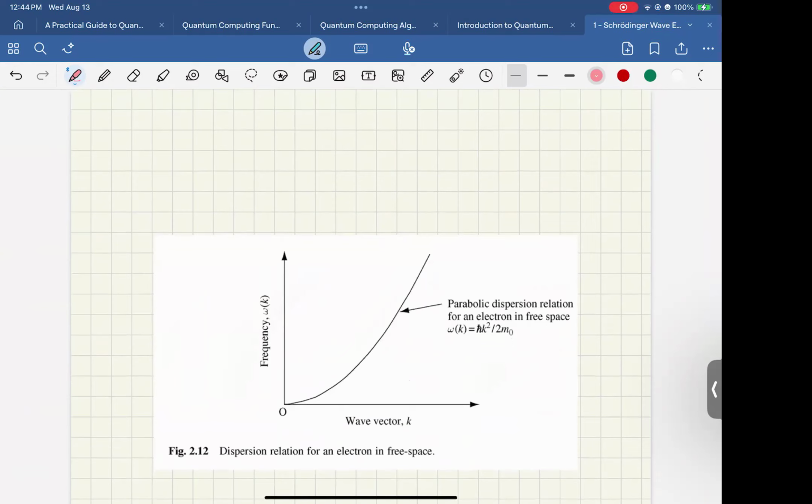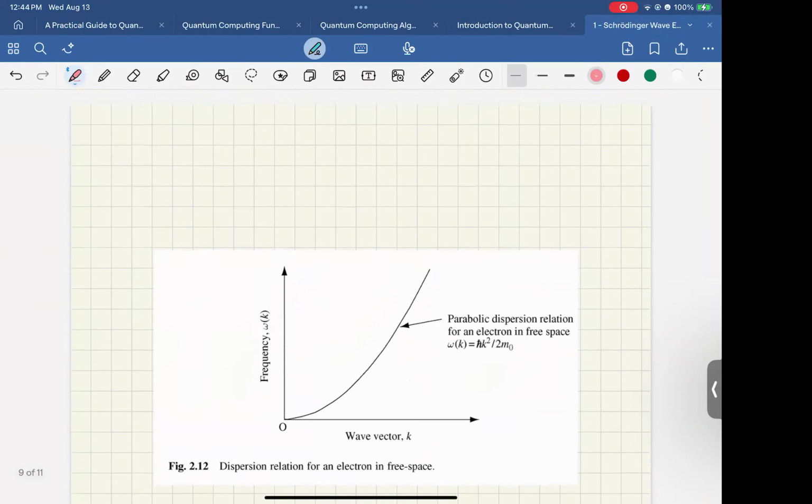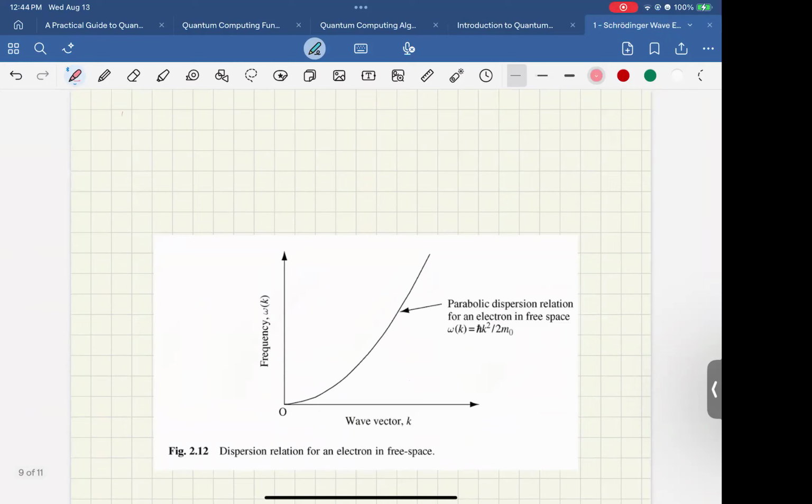So, the Schrödinger equation applied to the free electron, or an electron in free space.